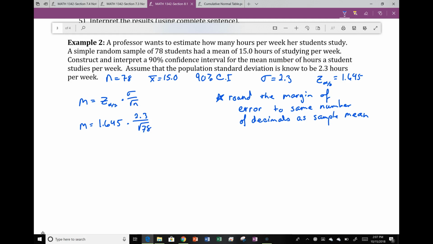So that means as long as we keep our margin of error, we're still having that same rounding procedure, okay? So whenever I calculate this, 1.645 times 2.3 divided by the square root of 78, I don't want to round until the very end. Well, my mean has one decimal place, so I want to round my margin of error to 0.4.